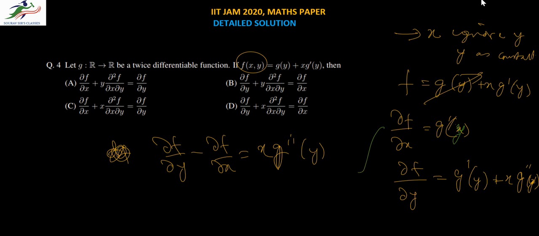And if I differentiate this with regards to del x, rather del y, it will be del square f by del x del y is equal to g double dashed y.